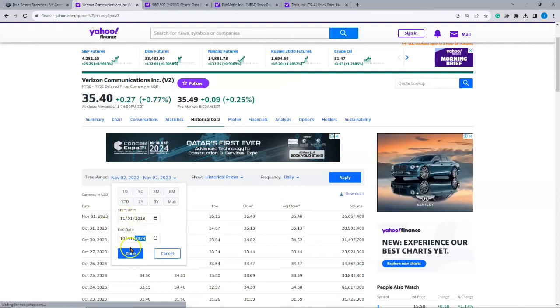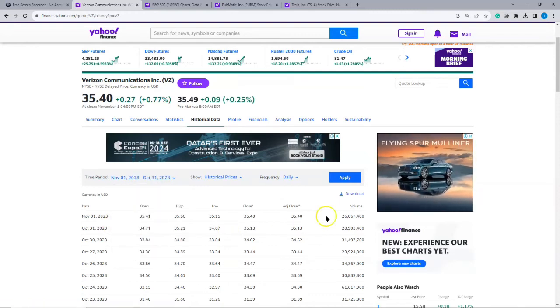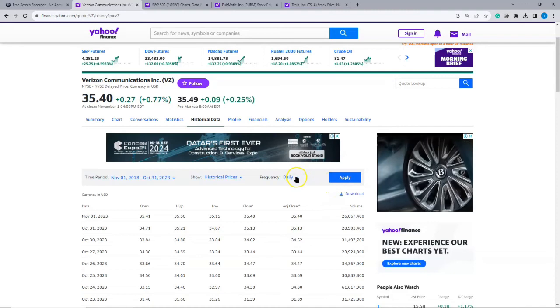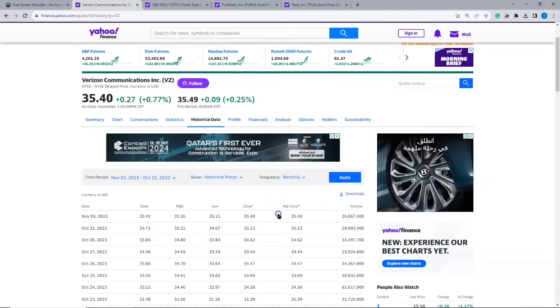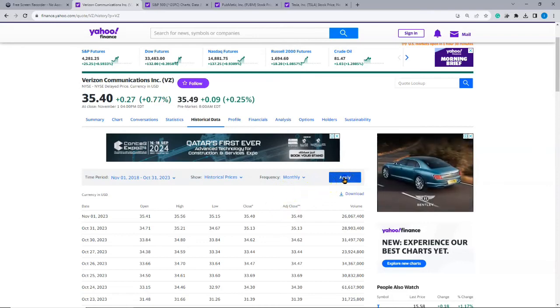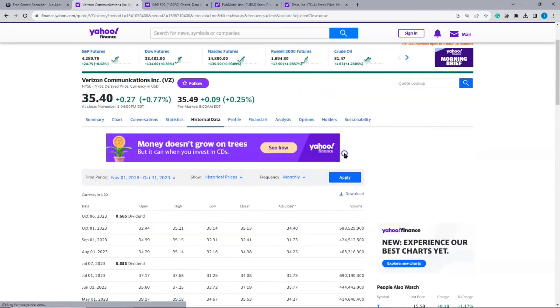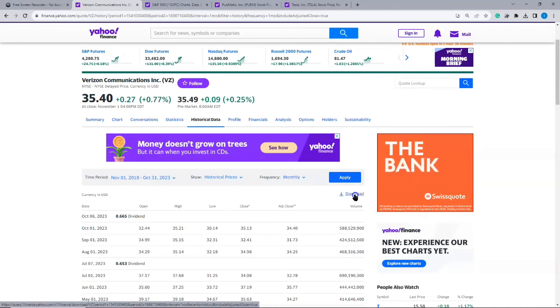This is exactly 5 years. Done. We select here, instead of daily data, monthly data, and then apply. After that, we download the file here.